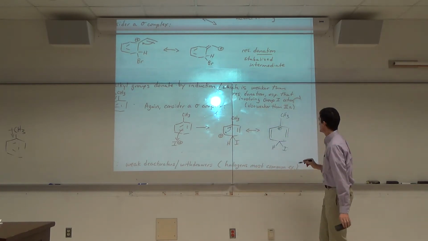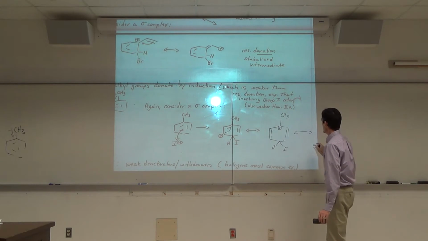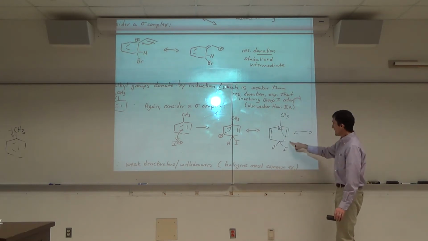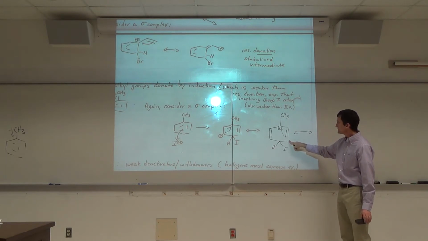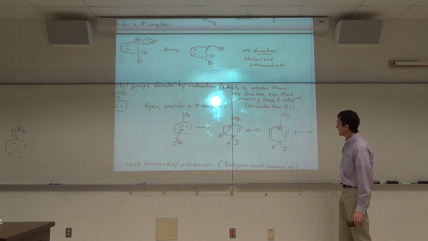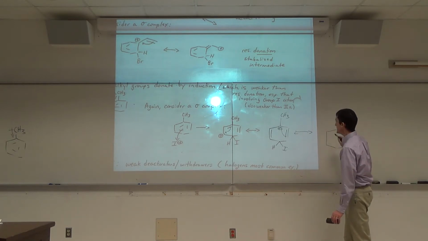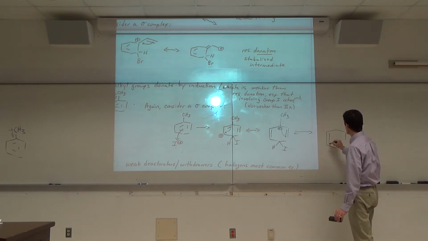We get that. We can, of course, do another resonance structure where we move these up and put the cation here. I'll go ahead and show that. But is the methyl doing anything here at all? And what structure can you point to illustrate that?